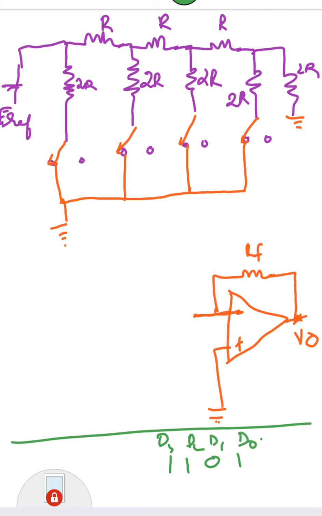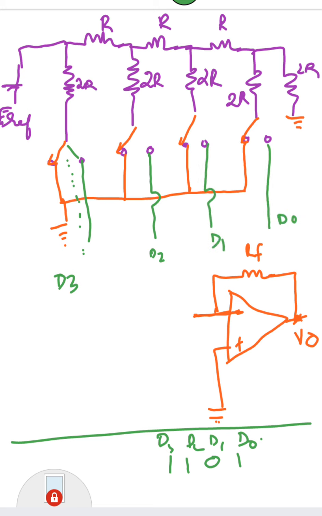I will be giving D3 here, which means when the switch is connected to this branch, this will be D3. This is D2, this is D1 and this is D0. All these are connected together and connected to the negative terminal of the operational amplifier. So this is the circuit diagram, and let's see how the circuit works.